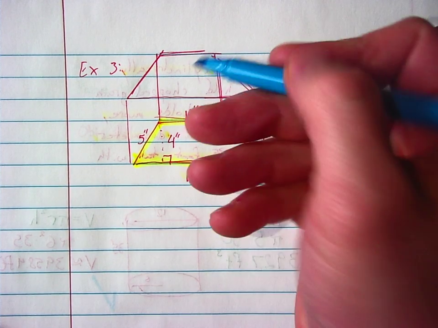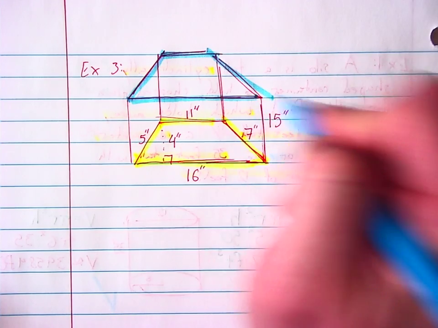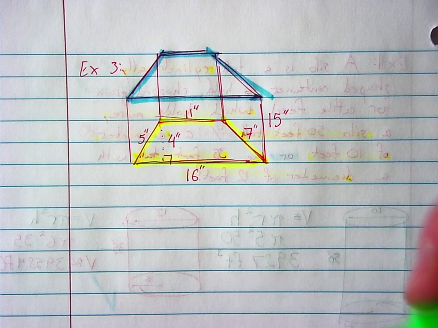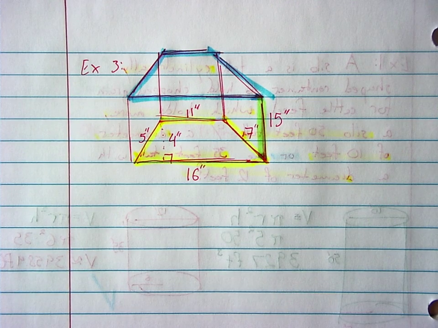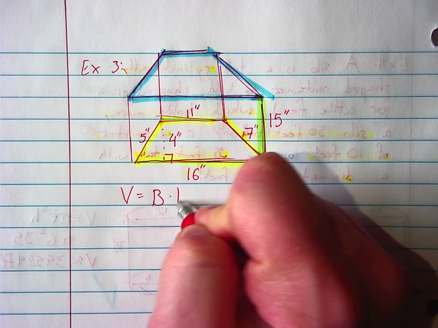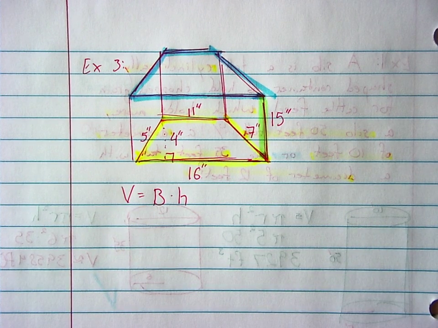We have a base here. We have a height. So we are going to have to break out the formula, which is base times height, where big B for the base means the area, that's the bottom or the top of the prism.